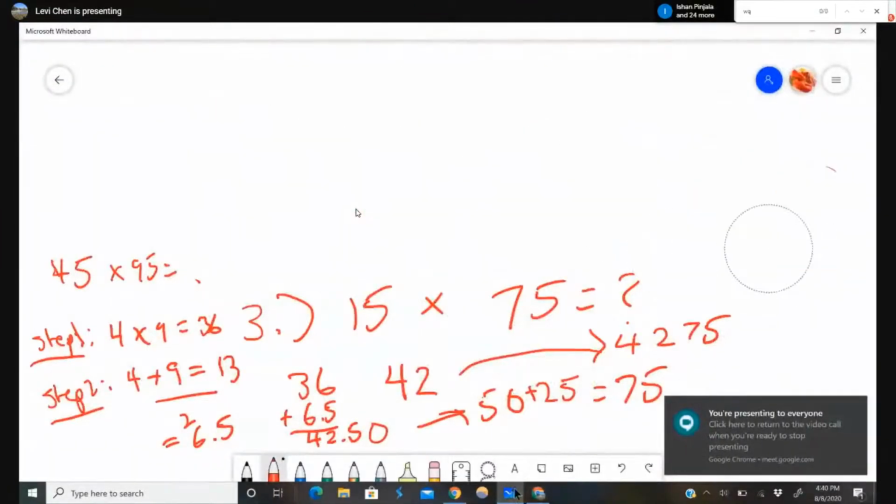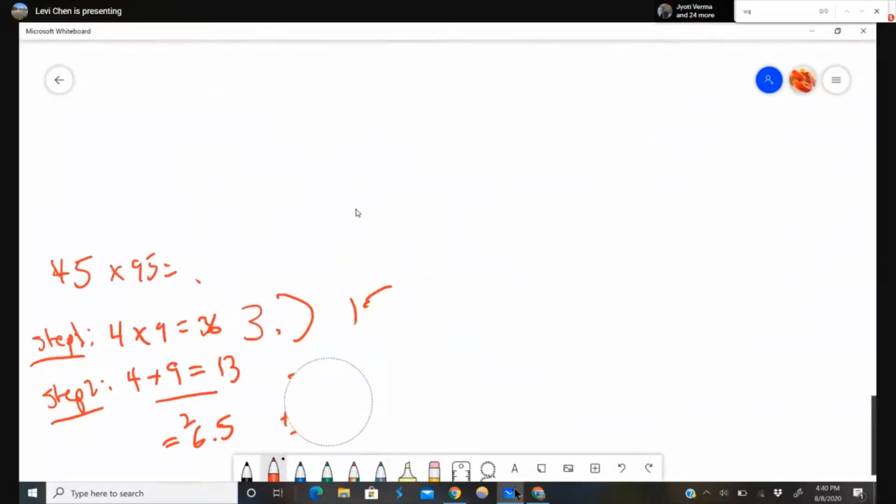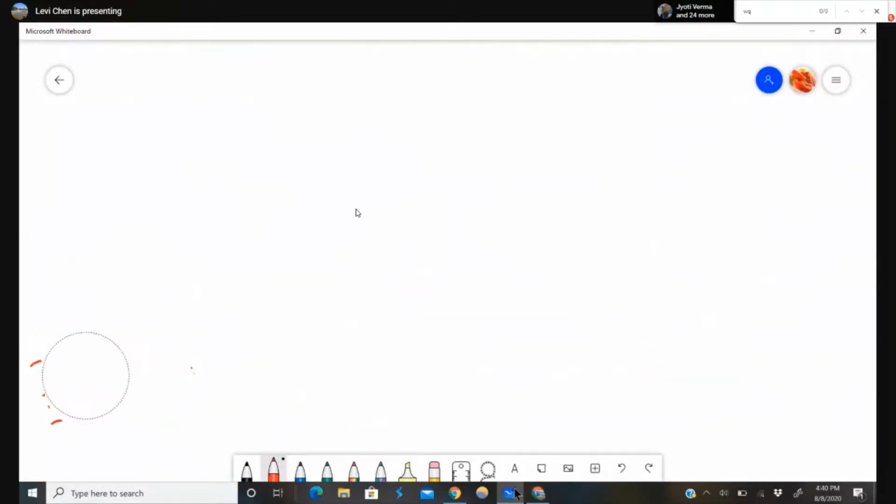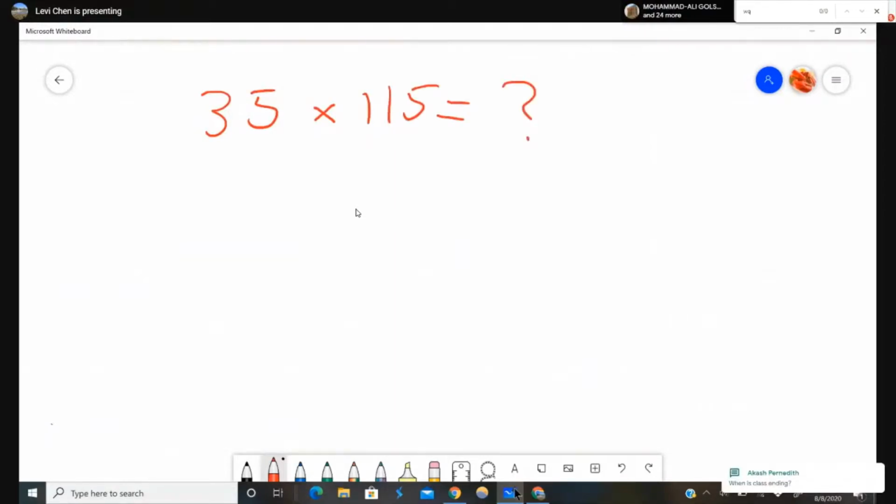So what happens if you have a 2-digit times a 3-digit ending with 5s, of course? So let's say 35 times 115 equals blank. So what you want to do is take anything before the 5, so 11 and 3. You multiply those two, that gives you 33.